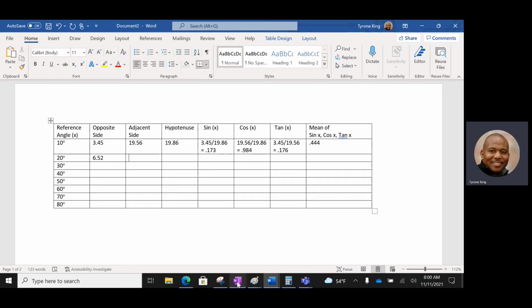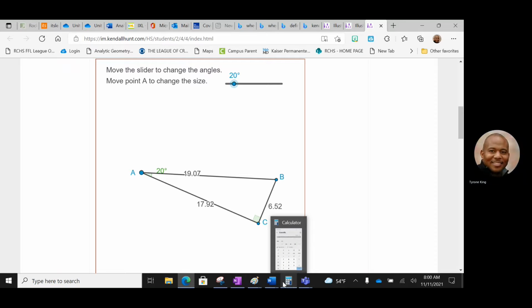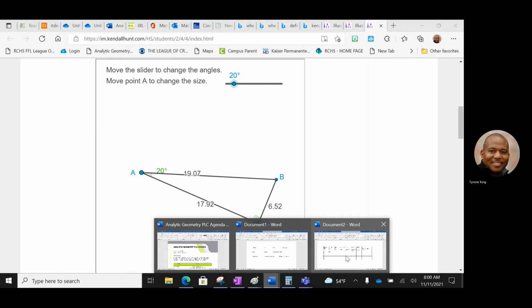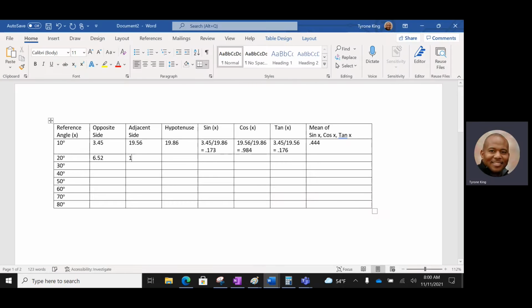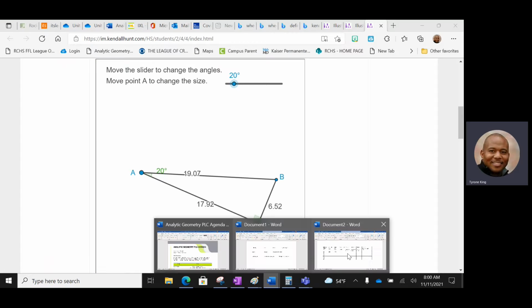The adjacent side is 17.92. And then the hypotenuse, I want to say, was 19.07.